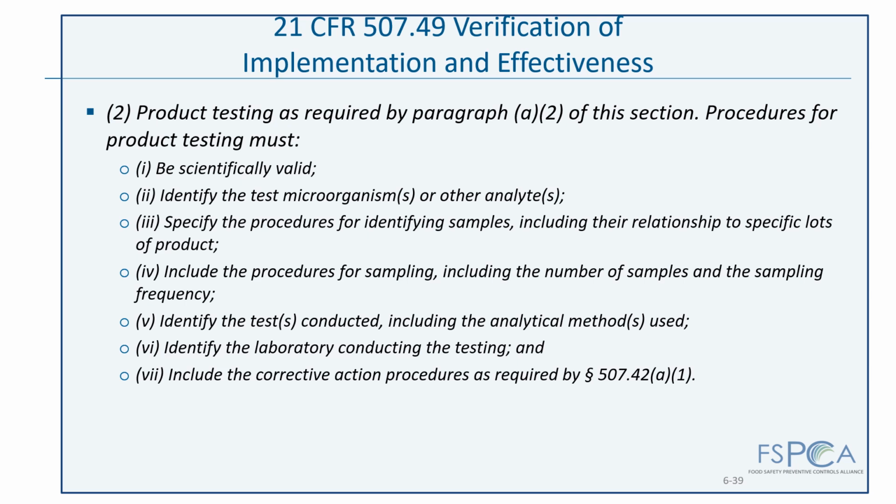Identify the test organism or other analytes or indicator organisms, specify the procedures for identifying samples, including their relationship to specific lots of product, include the procedures for sampling, including the number of samples and the sampling frequency, identify the tests conducted, including the analytical methods used, identify the laboratory conducting the testing, and include the corrective action procedures that would be associated with when this preventive control does not get implemented correctly.